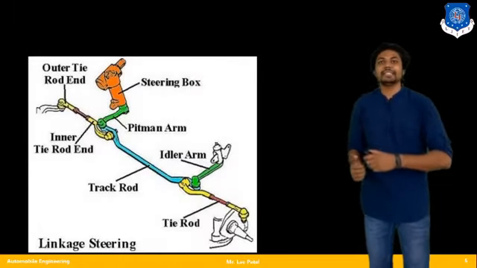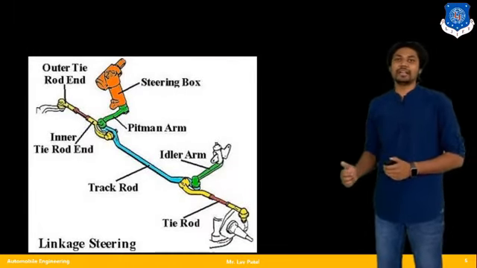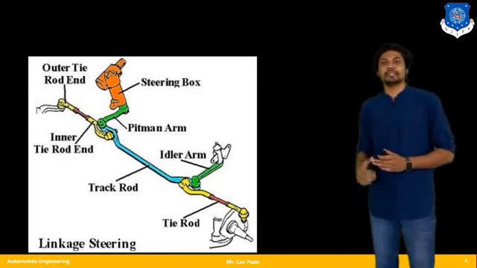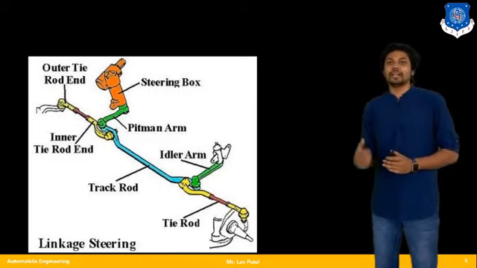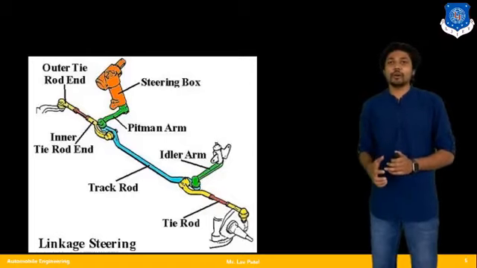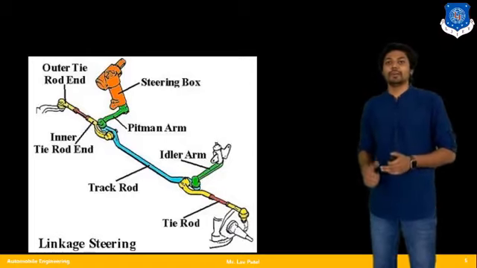In the next slide, we will see a typical steering linkage mechanism in which you can see the steering box in orange color, and from the steering box the actual movement with the help of that gearbox is transmitted to the pitman arm.